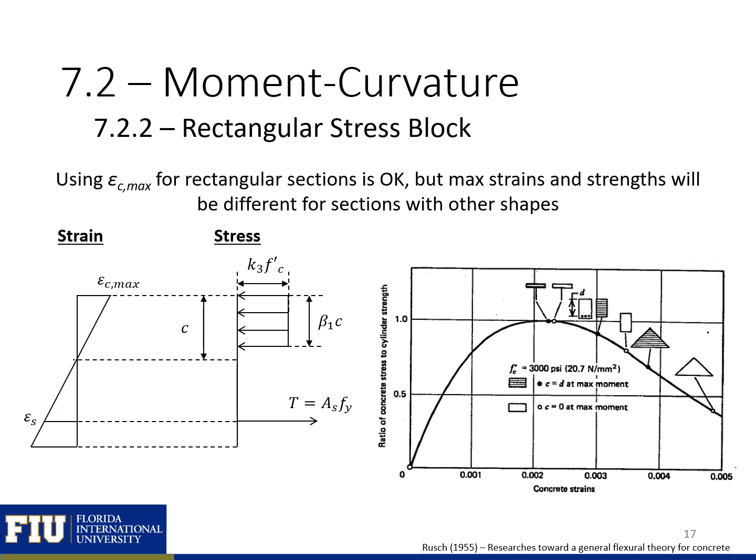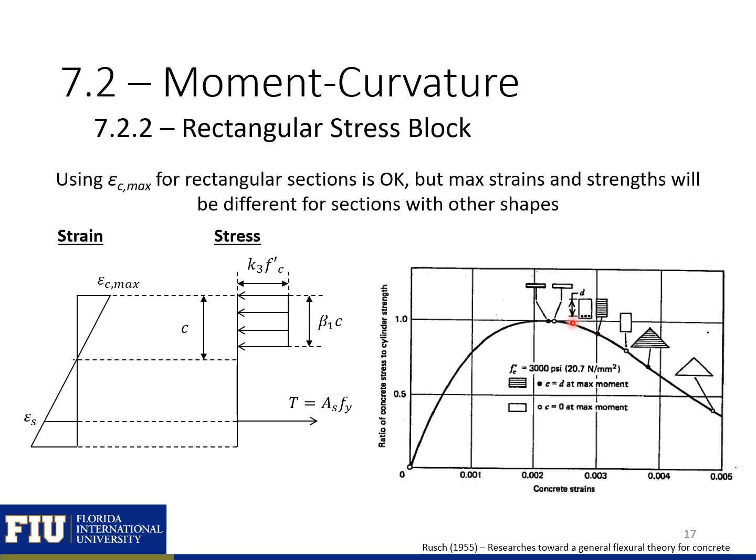The shape of the specimen is going to affect what epsilon c max can be achieved. So using epsilon c max for rectangular sections is okay, but the strains and strengths vary if we have T-sections or triangular sections or different shaped specimens. So here are some results from Rusch's work. And you can see that with a rectangular section, we have a concrete strain of 0.003.